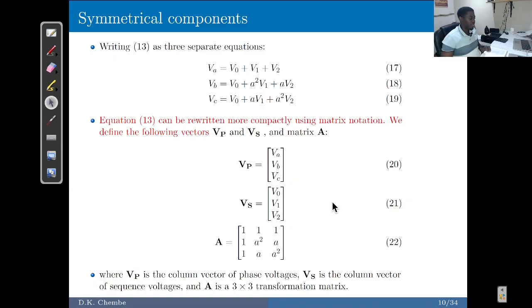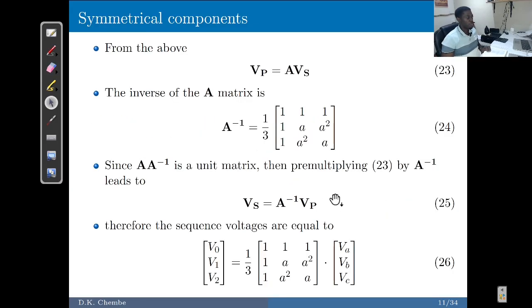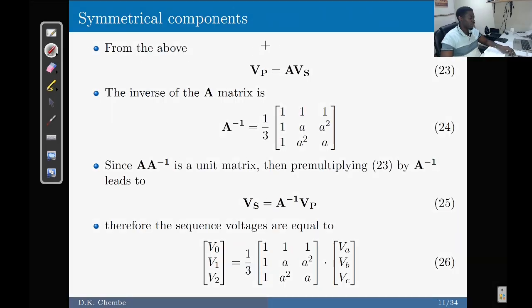Okay, and therefore, from our symmetrical components, our goal here is to determine and find the symmetrical or sequence voltages that we are able to calculate. If we take from the previous analysis that our phase voltage is equal to A multiplied by the sequence voltages, it means that we can find our sequence voltages from here.